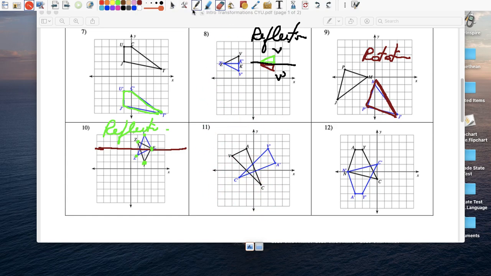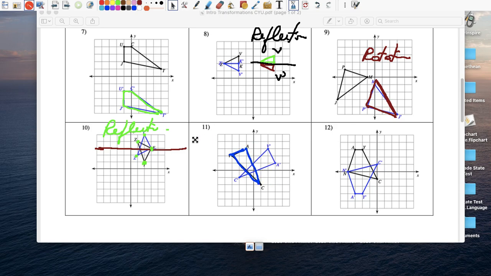Is it a translation? Again, no, because a translation is just a movement of the entire shape, left or right, as it is, or up and down. So here's the original shape, and I'm going to move it left and right, or up and down, and you'll see that there is no way I can take that shape, moving it left and right, to be on top of the image. There's just no way.